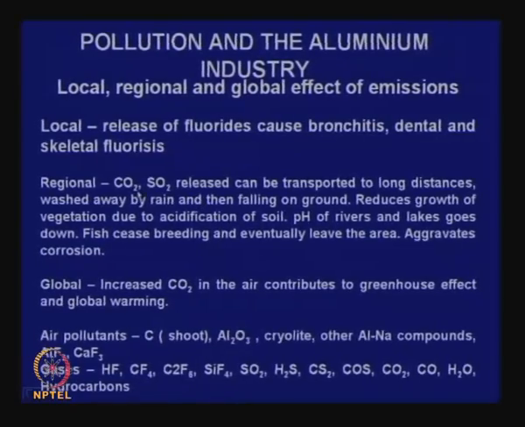These are acids. CO2 and SO2 will produce acid rain that will go to the ground. It will reduce growth of vegetation due to acidification of soil. The pH of rivers and lakes goes down, and then fish cease breeding and eventually leave the area.